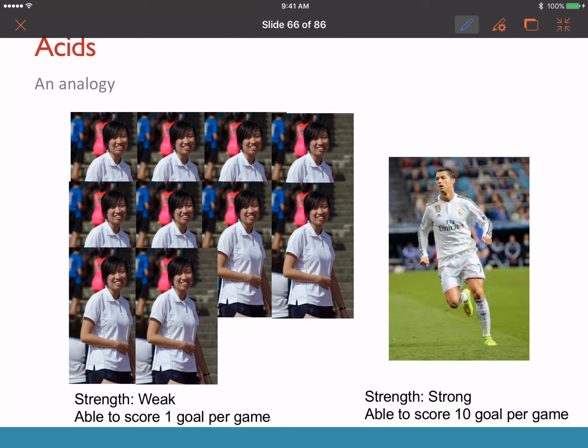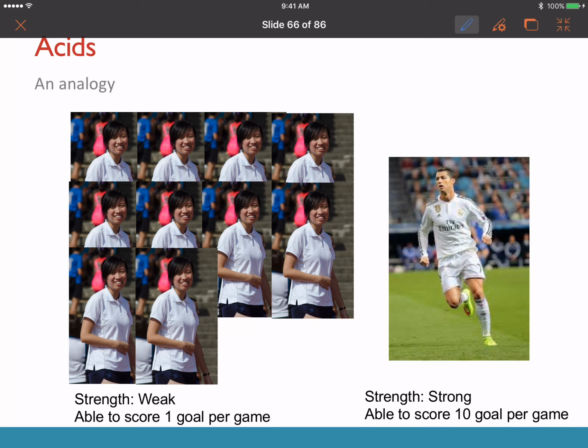Okay, when my concentration increases, I'm able to get the same number of moles of hydrogen ions as compared to Cristiano Ronaldo, the strong acid. But even when my concentration increased, did my strength as a player change? No, it did not. Individually, I'm still weak. So, the strength of the acid is an independent factor.